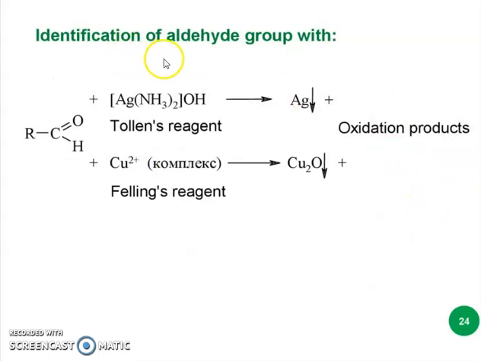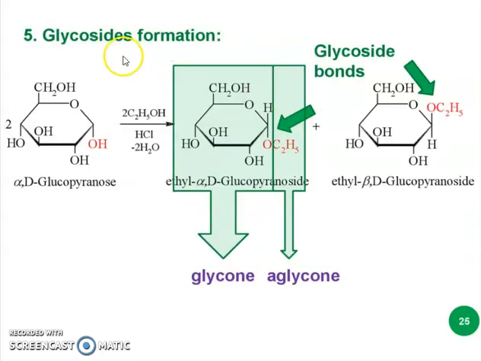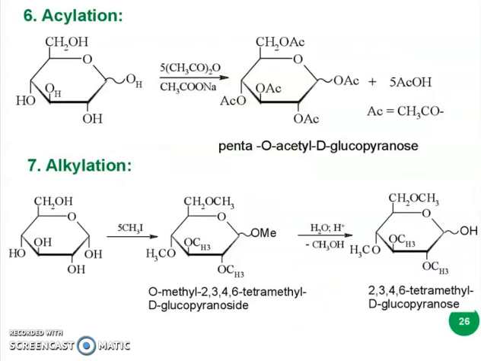Now identify the aldehyde group with Tollens reagent, Fehling's solution. Glycoside formation, you can see this is the alpha and this one is beta. Now acetylation, where OH is replaced by OAc, and then alkylation, where H is replaced by methyl.